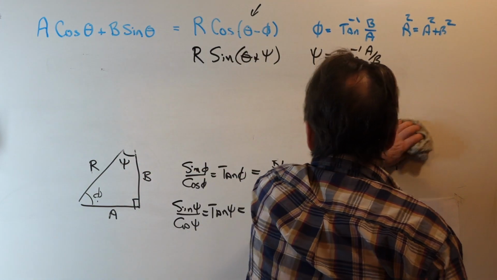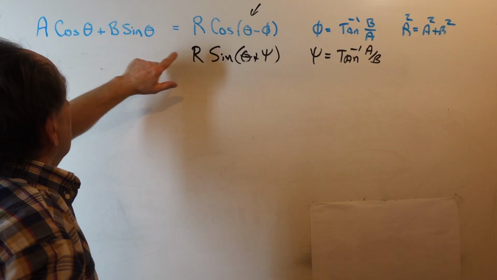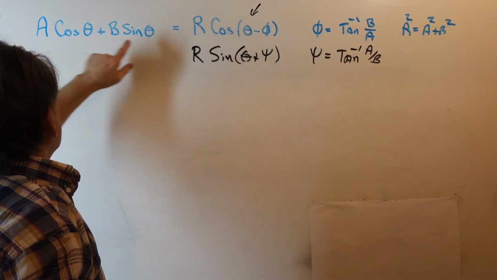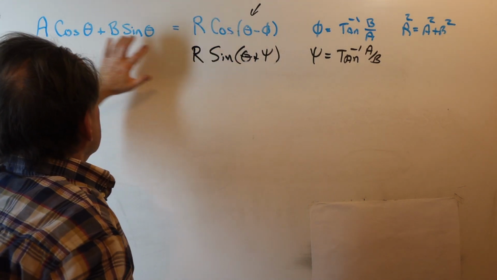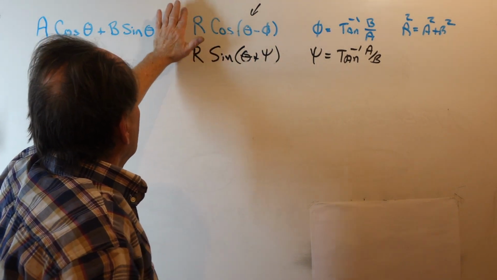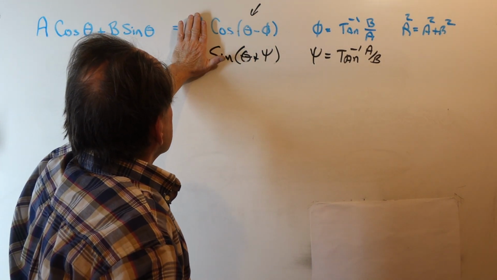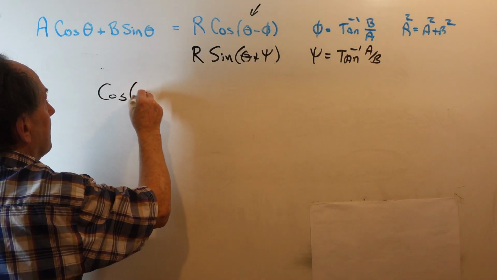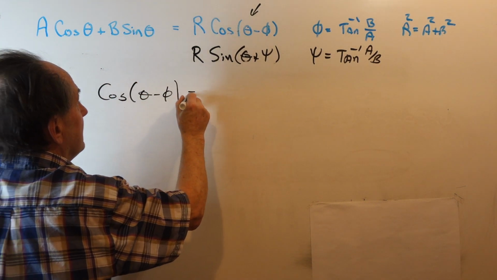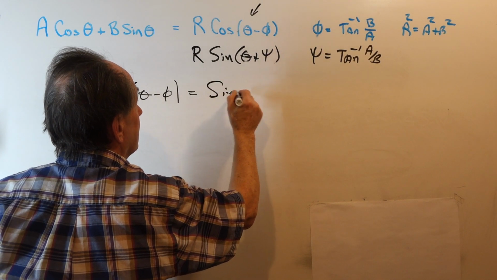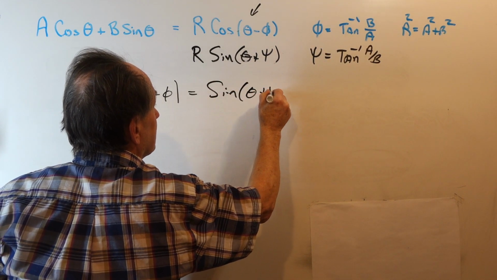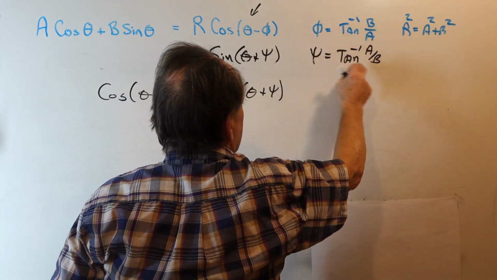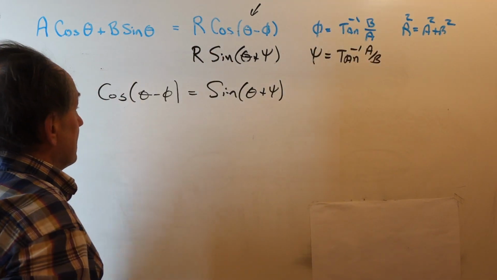Let's look at it a little different way. If the cosine part is equal to this and the sine is equal to that, then they're equal to one another and they have the same magnitude. So we're going to ask, is the cosine of theta minus phi equal to the sine of theta plus psi, where phi and psi are given by those relationships?